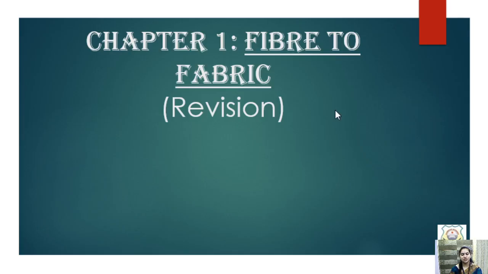So this is chapter number 3, Fiber to Fabric. We are going to do the revision of this chapter.